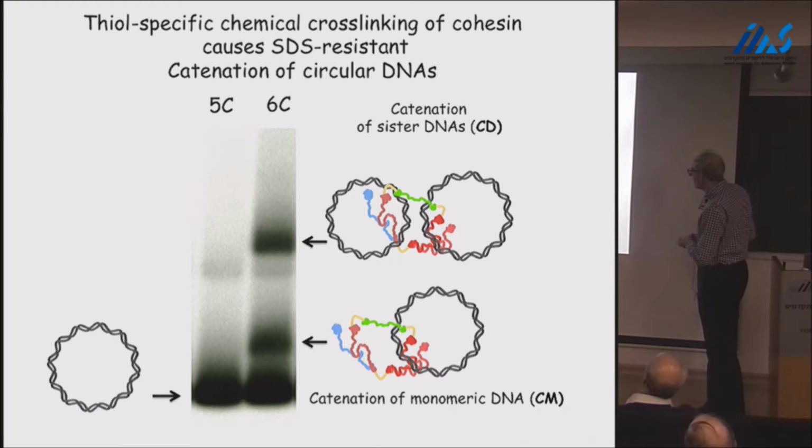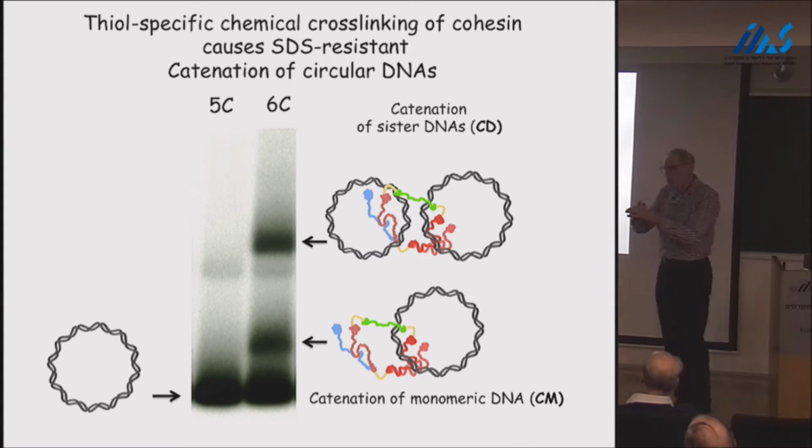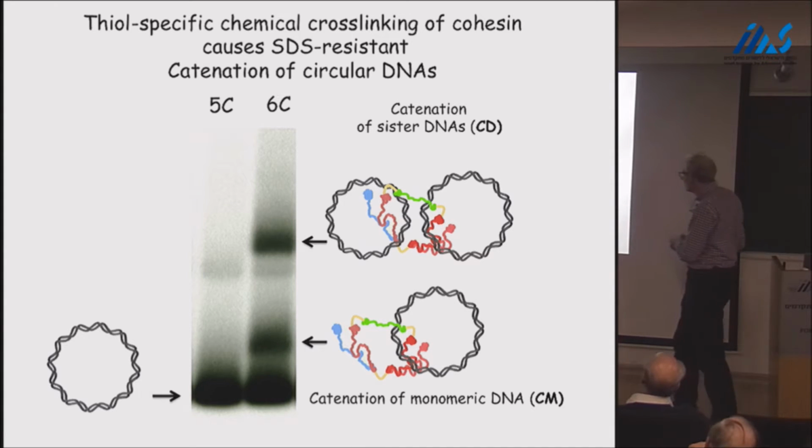And then if you do the same experiment with a 6C strain, you can see 2 new forms, and one of them turns out to be this monomeric DNA that's been catenated by a cohesin ring, and we call these catenated monomers, or CMs. And we know that these really are catenated because one possibility is you produce a little loop, and then topoisomerase could have knotted the DNA around the loop, but we know that these DNAs are not knotted.